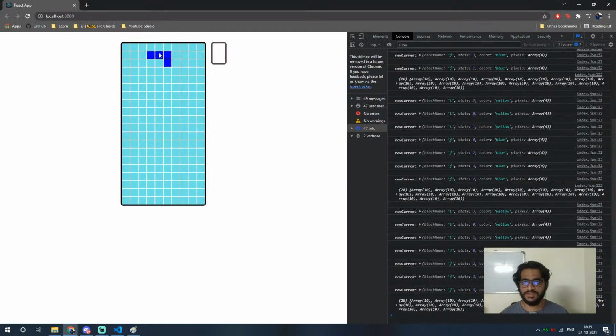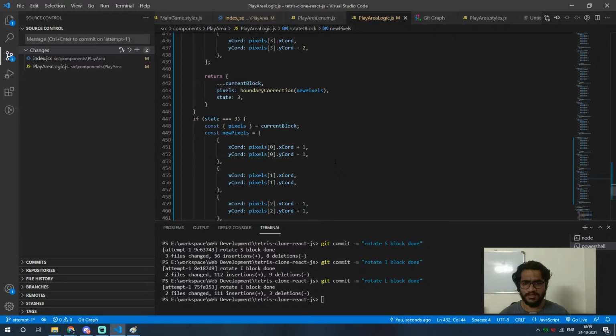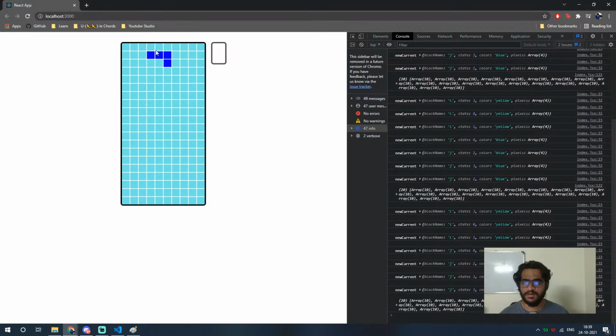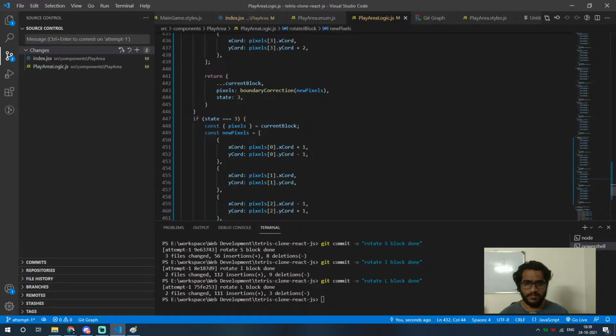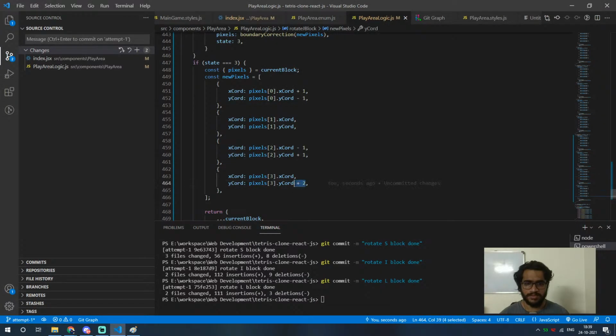This rotation is also perfect, and the last rotation plus x minus 1, right, and this would be minus 2x.